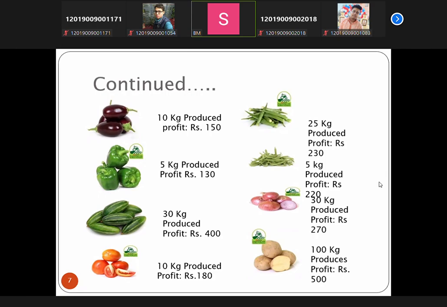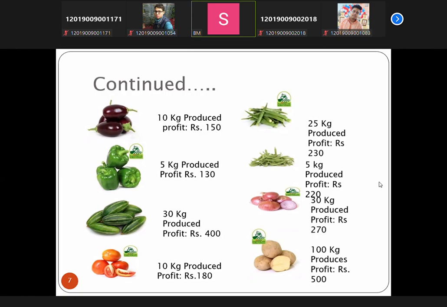If you can sell 10 kg, your profit will be 150. If you sell 5 kg of capsicum, your profit may be 130. If you sell 30 kg of parvel, profit will be 400. This way you can see all the vegetables. Some of the pictures I have taken, and this is the profit.